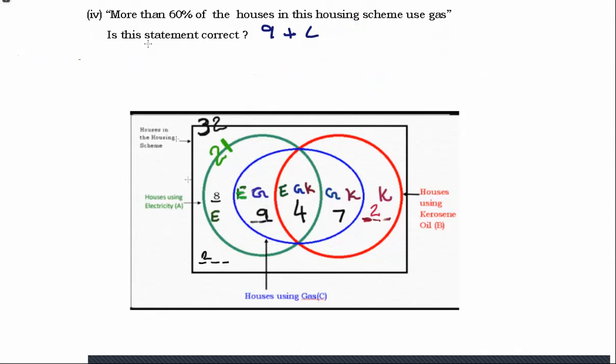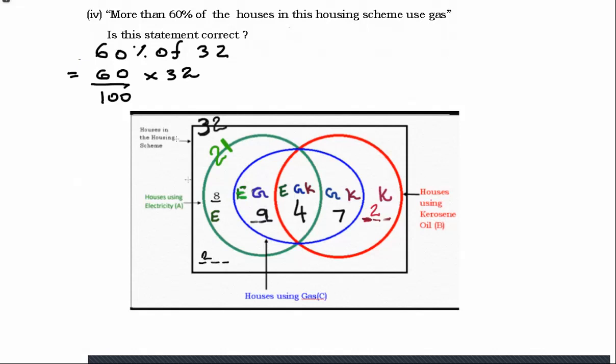you can figure out what is 60%. You can calculate what is 60% of 32, which is the total number of houses. So what is 60% of 32? 60% means 60 over 100 times 32.